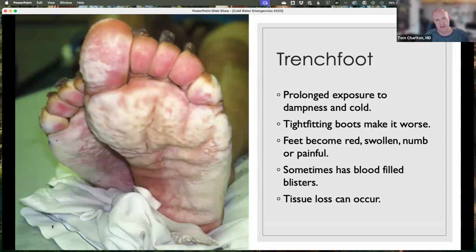Trench foot is a potentially life-threatening thing. Unfortunately, we see this all too frequently in the homeless. Essentially, what happens is their feet get wet, their socks and shoes, etc., have gotten wet, and it's cold. It may or may not be below freezing, but just simply being waterlogged and cold is enough.